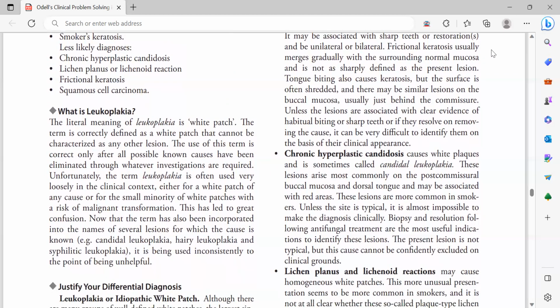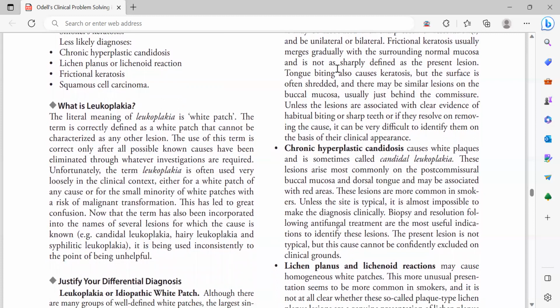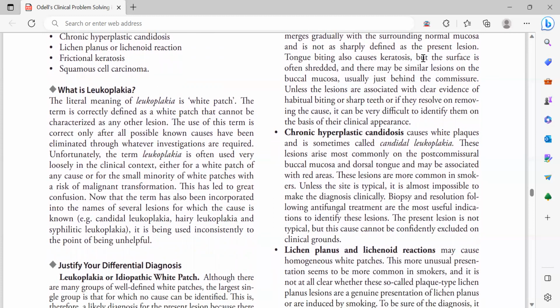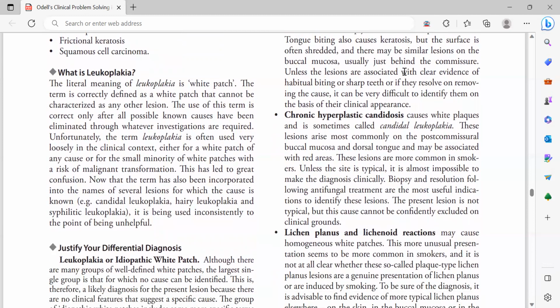Okay, frictional keratosis usually merges gradually with the surrounding normal mucosa and is not as sharply defined as the present lesion. Tongue biting also causes keratosis, but the surface is often shredded, and there may be similar lesions on the buccal mucosa, usually just behind the commissures, unless the lesions are associated with clear evidence of habitual biting.